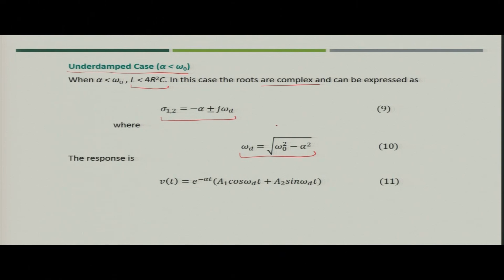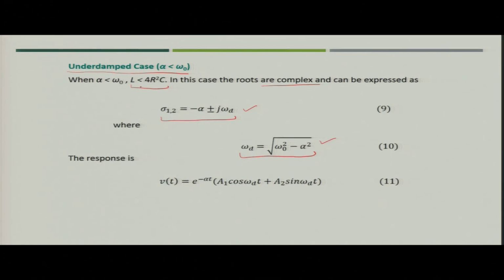If you compare series RLC and parallel RLC circuits, you will see that the roots are the same, the only change would be the condition, because here the elements are in parallel.